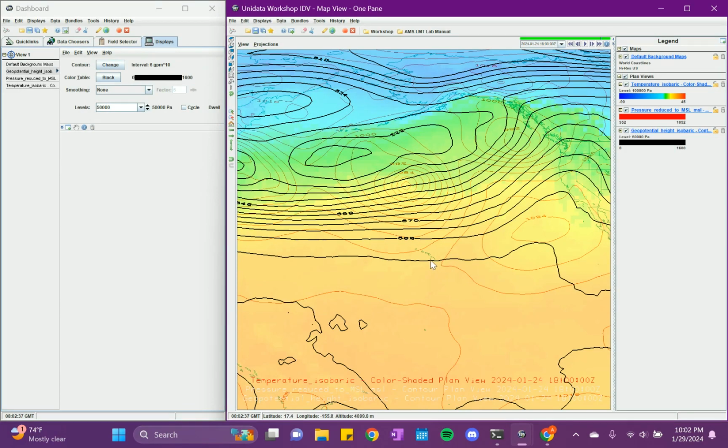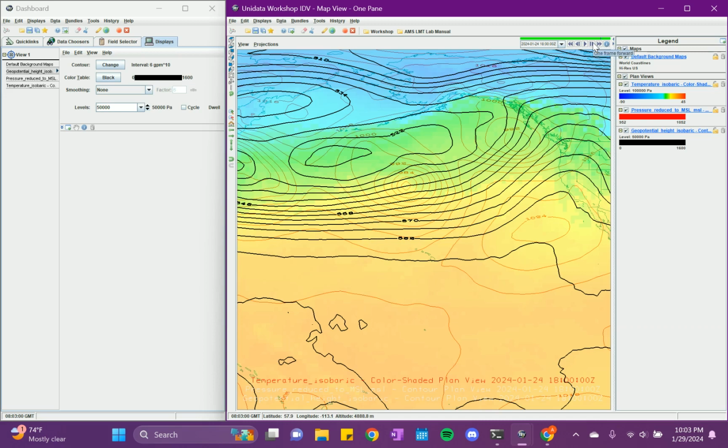It is now pretty much directly to the north of Hawaii, and we see really strong warm air advection on the downwind side of the cyclone, and again, we are still seeing some pretty strong cold air advection on the upwind side of the cyclone.